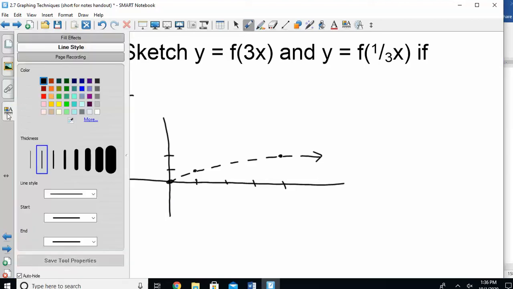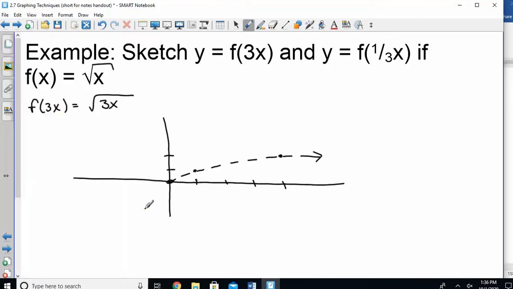So, this point has an x value of 0. 0 divided by 3 is still 0. This one has an x value of 1. 1 divided by 3 is 1/3, so it's going to move my x back to a third. Okay.